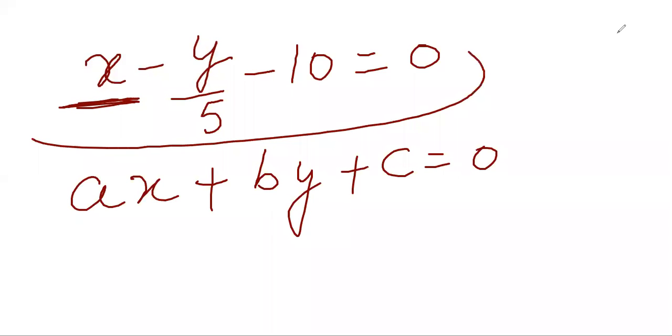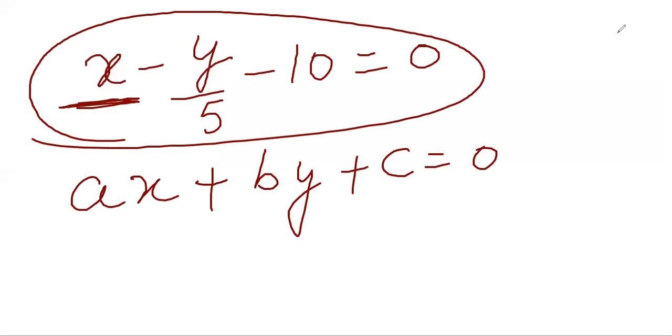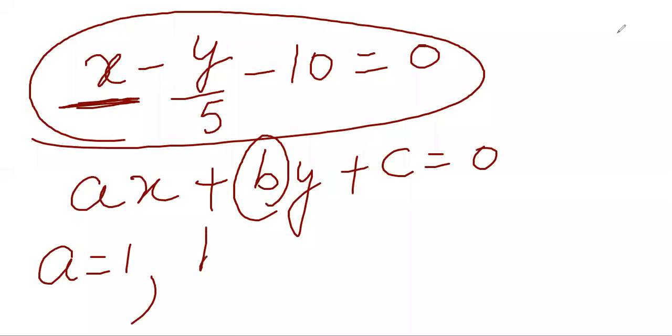It's already in the form. ये ऑलरेडी आपके पास ax plus by plus c की फॉर्म में है, और आप यहाँ से 5 इधर divide भी कर सकते हो और directly you can do like this also, a 1 हो गया और y के आगे जो b है that will be 1/5, that can be 1/5, a 1 b minus 1/5, just leave y and take 1/5 here, right?